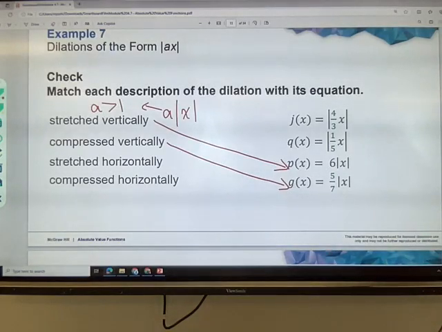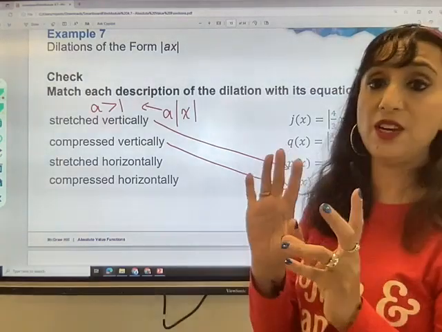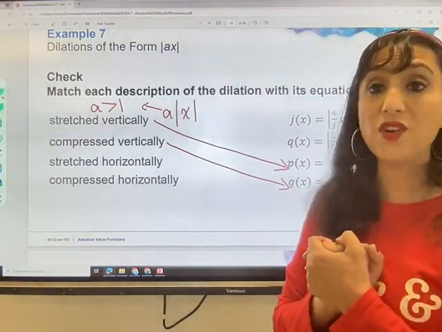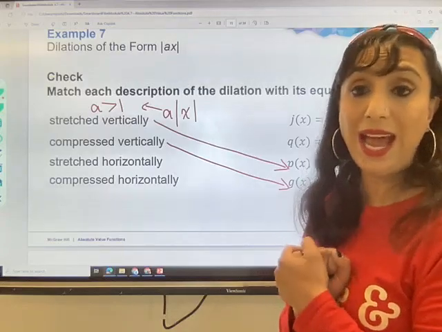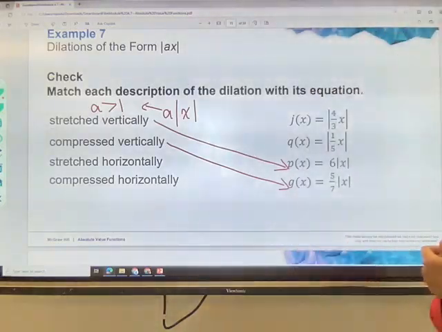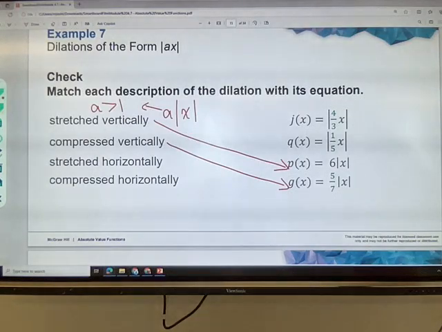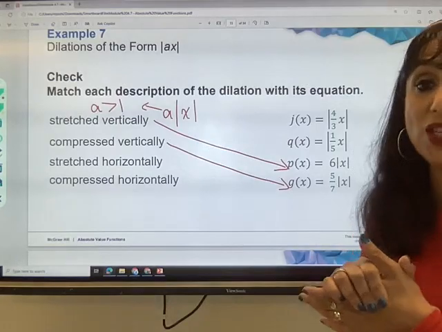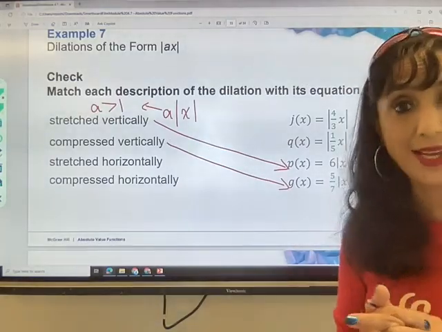All right? Now, when it says stretched horizontally, remember that it's the reverse of this. So in stretched horizontally, the A has to be greater than what? It is definitely going to be a fractional value, where A is greater than 0 but less than 1.